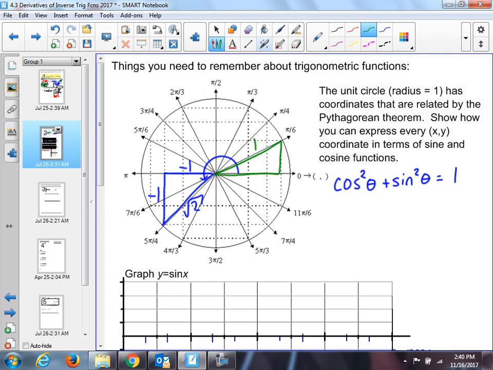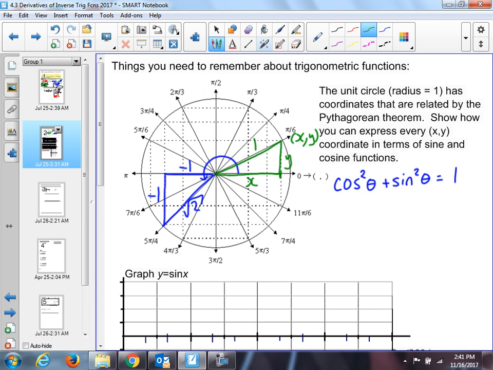Now, if this is truly a unit triangle here, I don't require that you memorize these triangles with 1 as the hypotenuse. But for this to work, the unit circle means that the radius is 1, right? Now, you've got an x coordinate, this length right here, and a y coordinate, right?